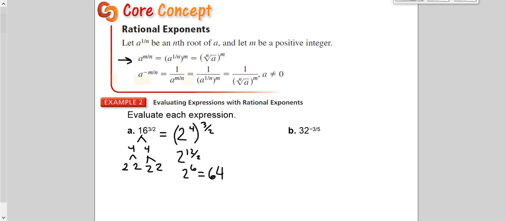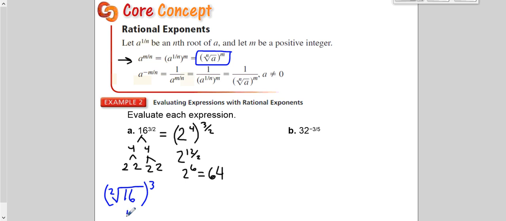Let's do this one more way. 16 to the 3 halves. Use your 2 as your index, so that's the square root of 16. We know the square root of 16. And then don't forget about that 3. That numerator is going to go out here. So I'm writing it like this one.